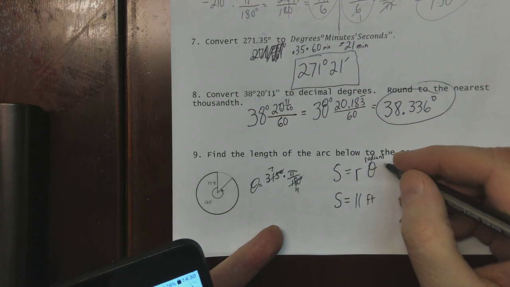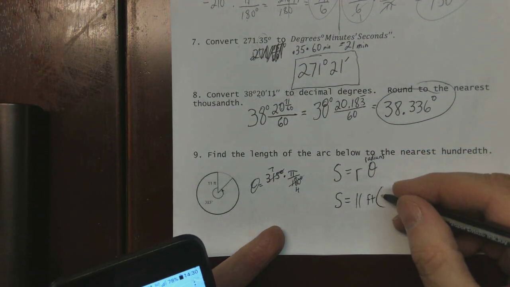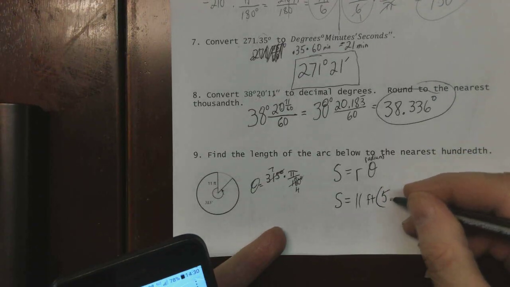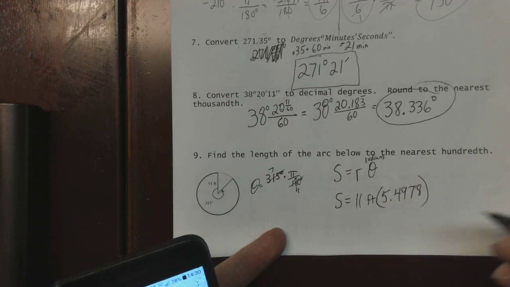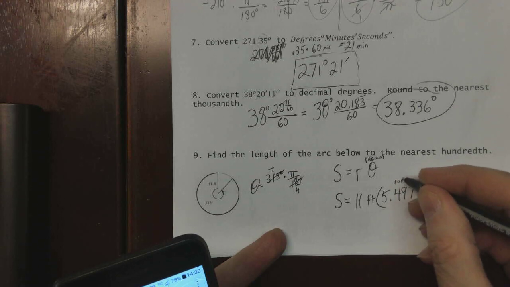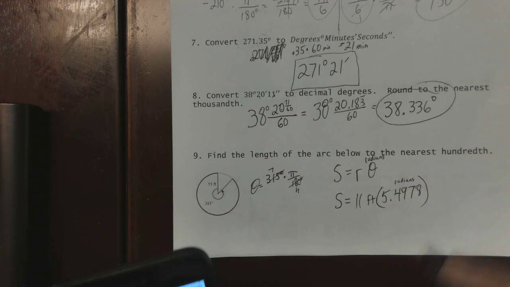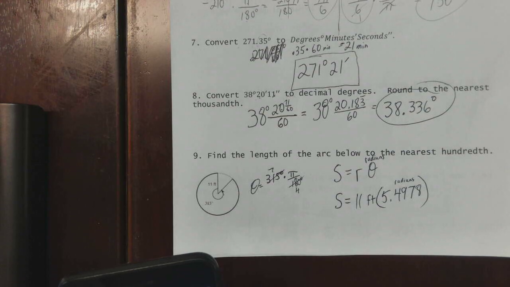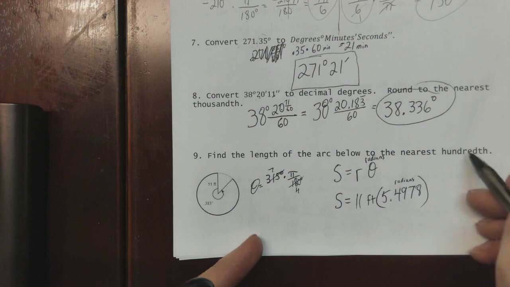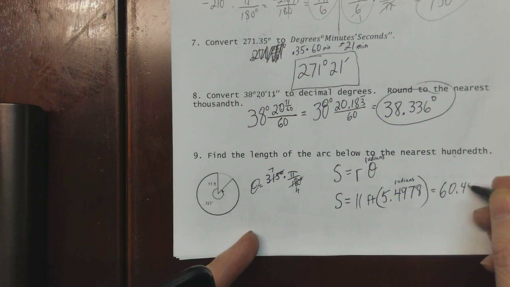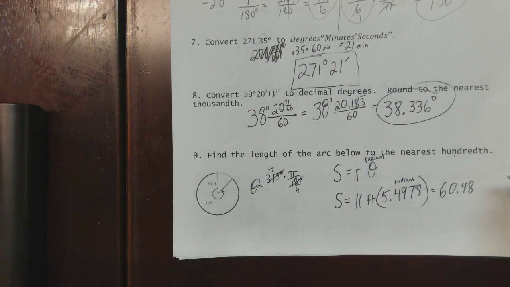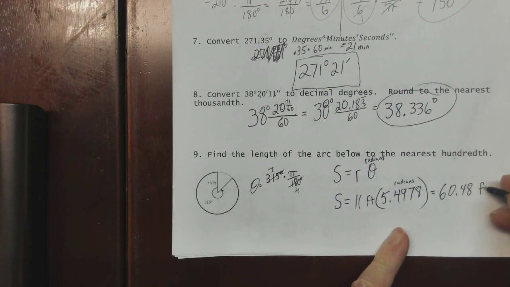And I'm getting 5.4978. This is radians. And then when I multiply that by 11, to the nearest hundredth, I get 60.48, and that is in feet.